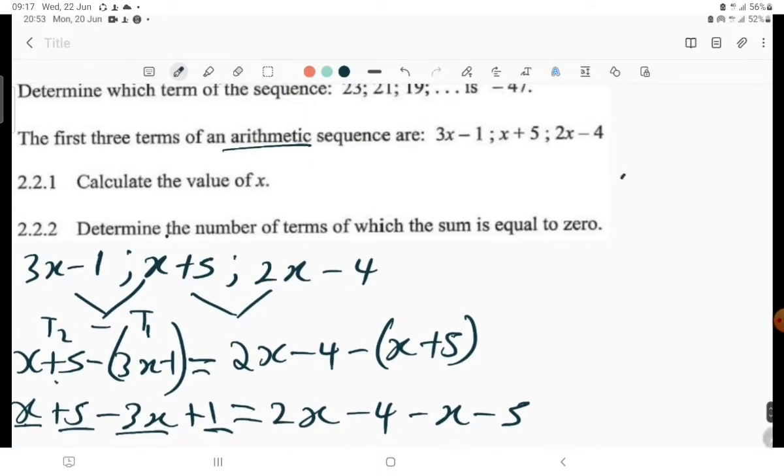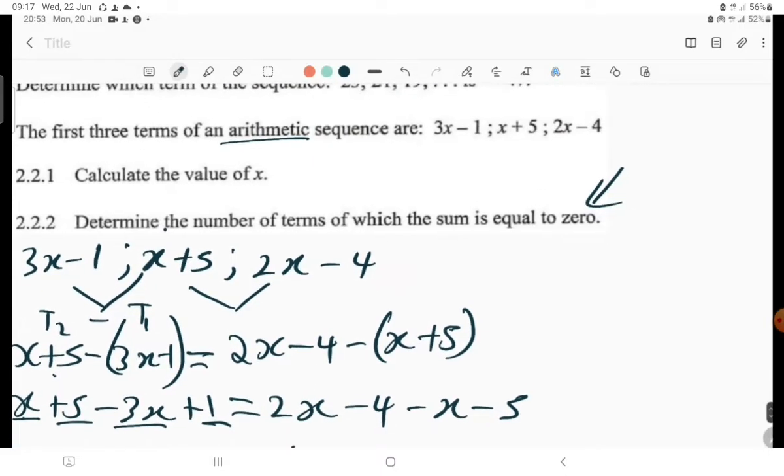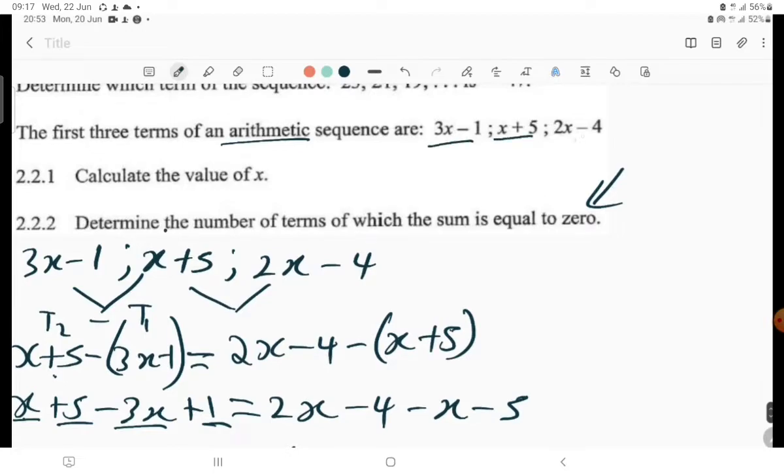Then for the rest of the questions, we need to use that 5 to get the numerical values of these terms. If x is 5, then 3 times 5 is 15, and 15 minus 1 is 14. The first term is 14. Then the second term is going to be 10, because 5 plus 5 is 10.